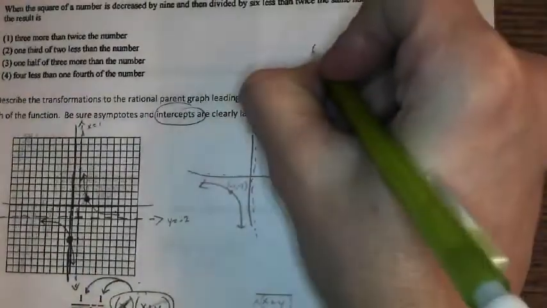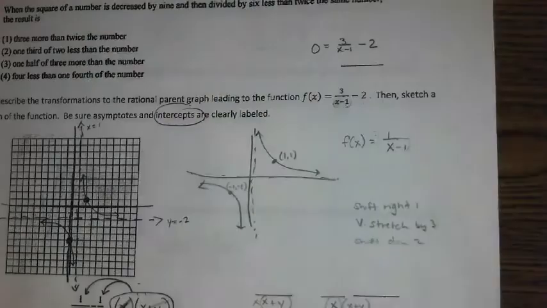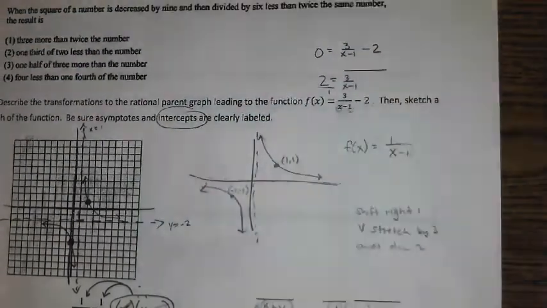So that would be 0 equals 3 over x minus 1 minus 2. And solve. How do you solve something like that? What'd you say, Haley? Not yet. Eventually that's what I'm going to do. Lucas, add the 2 over, so it's 2 equals 3 over x minus 1, and then cross multiply.